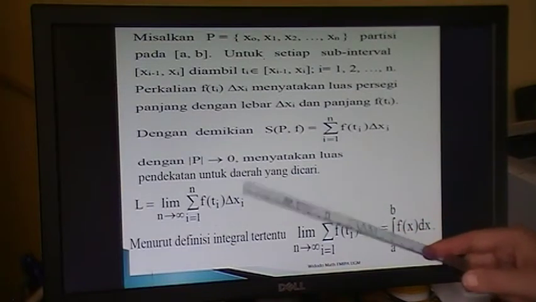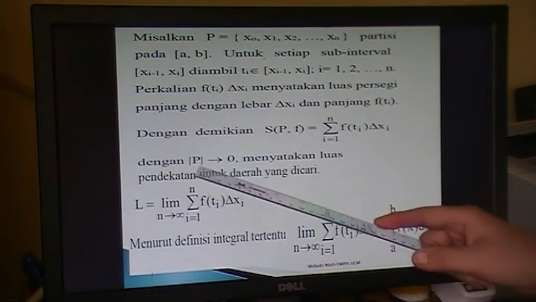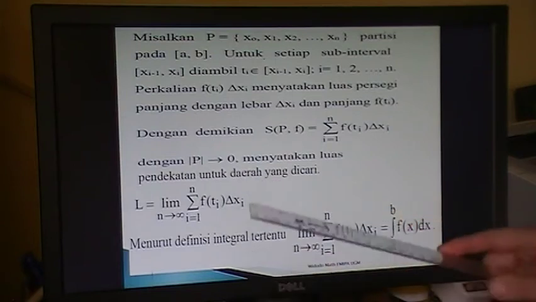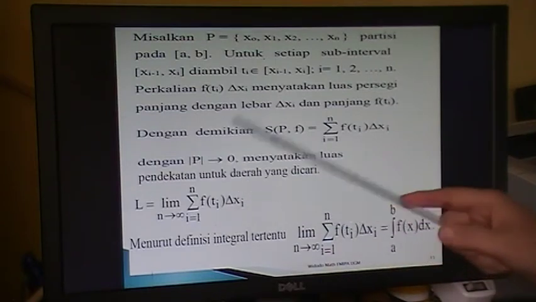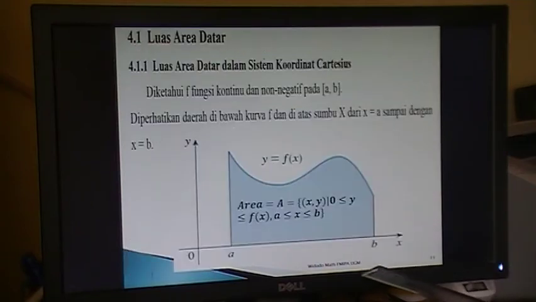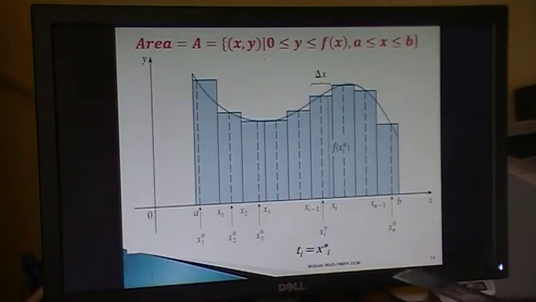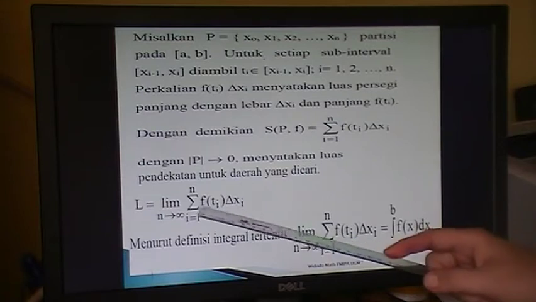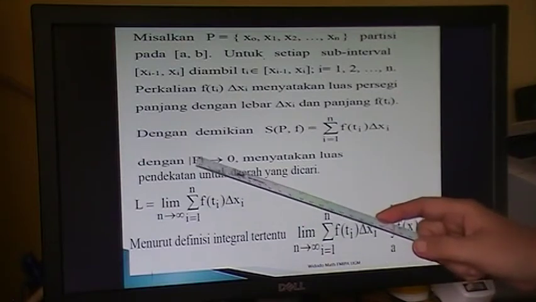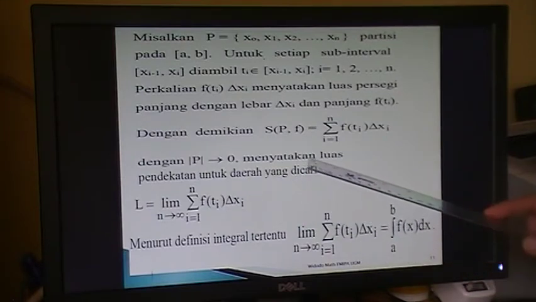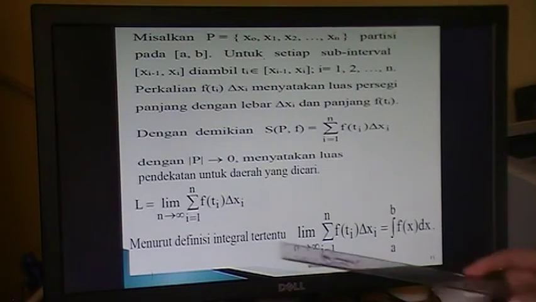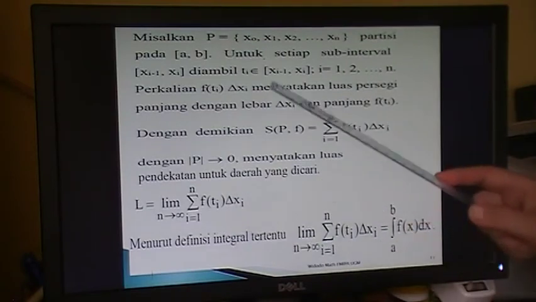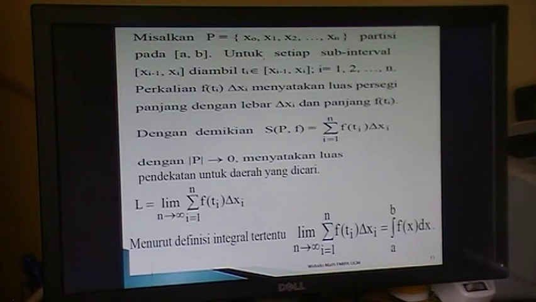If we take the limit as the norm of P tends to 0. What is the norm of P? The norm of P is the maximum of the delta x_i. If we take the limit as the norm of P tends to 0, then n tends to infinity if the subintervals are equal and the function f is continuous.